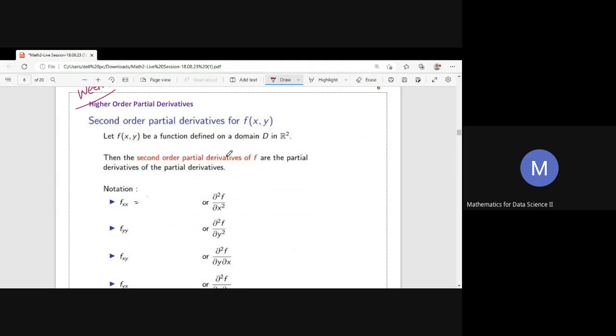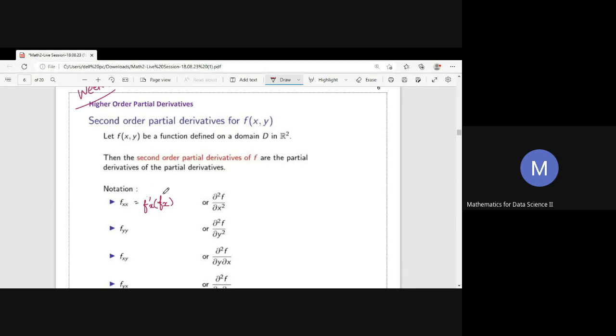Let f of x, y be a function defined on a domain D in R2. Then the second order partial derivatives of f are the partial derivatives of the partial derivatives. Here, the second order partial derivative with respect to x: the function is fx, and you are differentiating fx with respect to x.